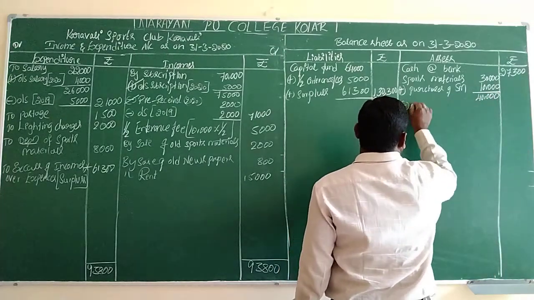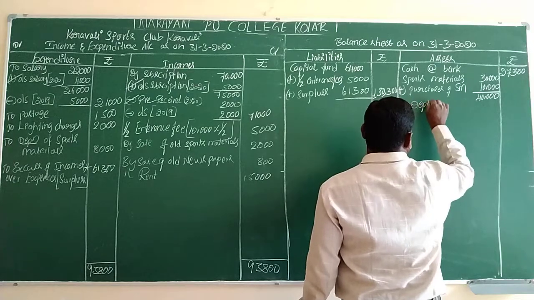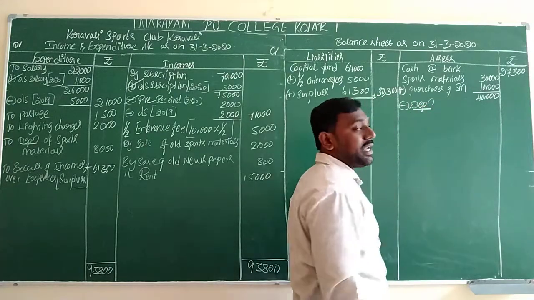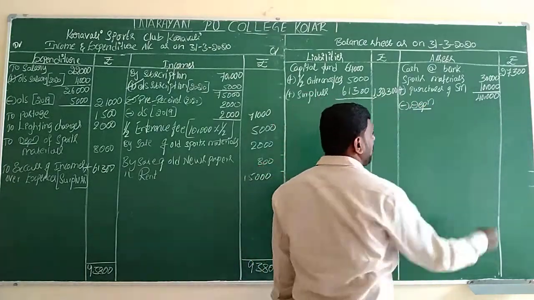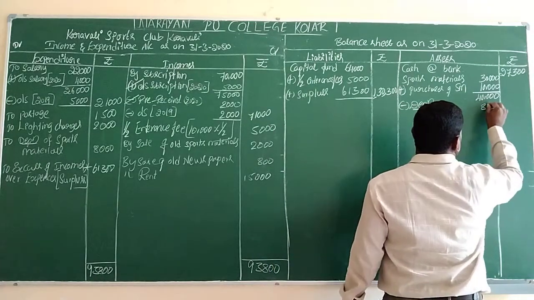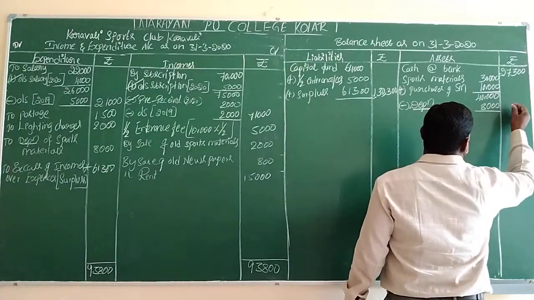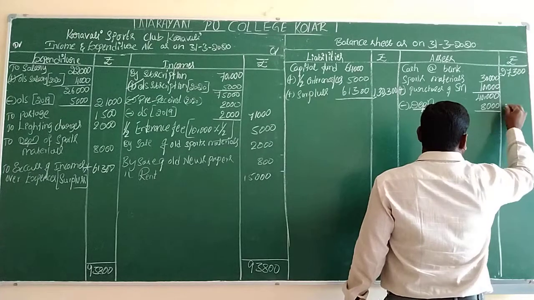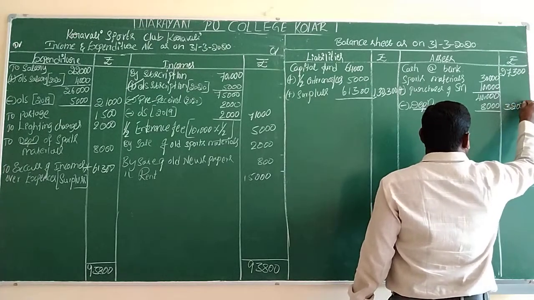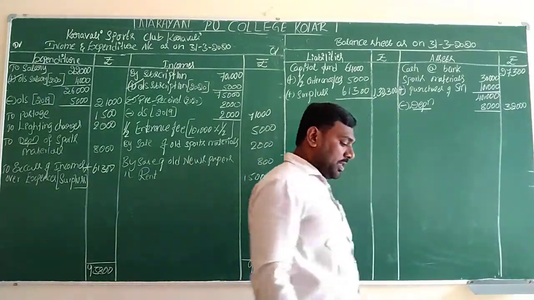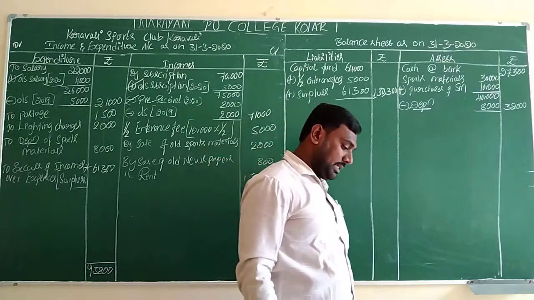Minus depreciation, already given under adjustment number 4, that is rupees 8,000. We will get 32,000 as the value of sports materials.